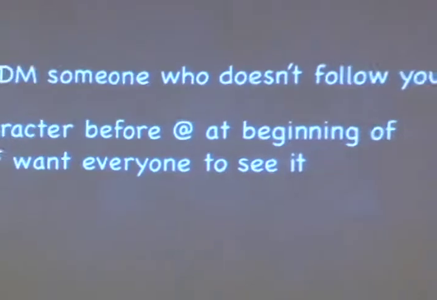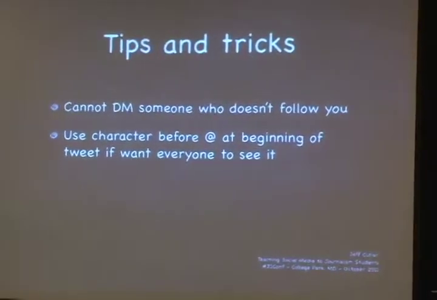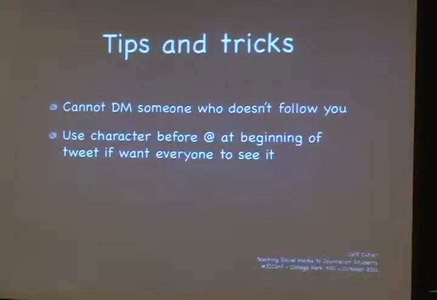If you want to send a note to someone but also let everyone in your Twitter stream see it, use a character like a period, or just a random character, before the at sign at the beginning of a sentence.